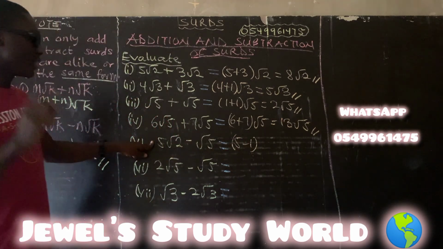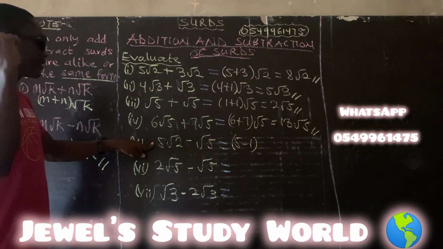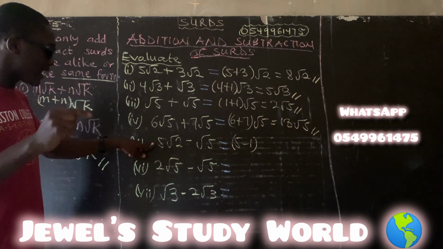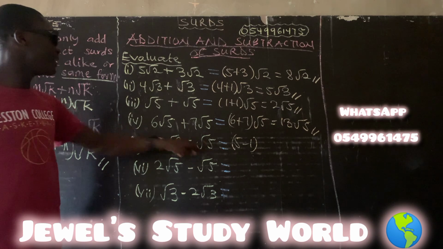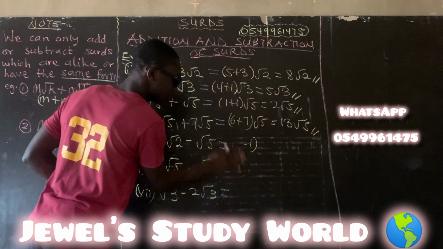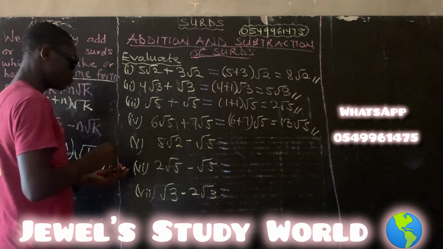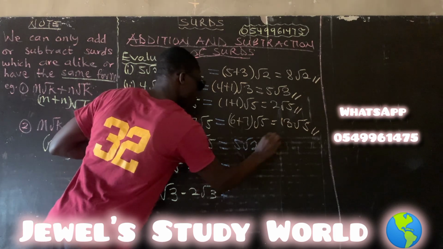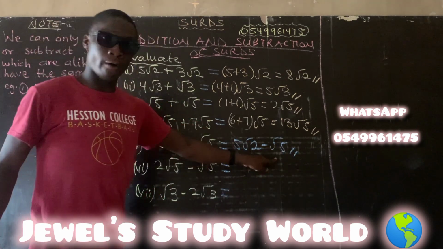So as I said earlier, before we add or subtract, let's first check, are they of the same form? So here we have 2 and 5. They are not of the same form, so it means that we can't continue. So this is equal to 5 root 2 minus root 5, because they are not of the same form.